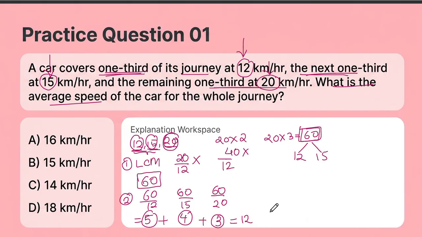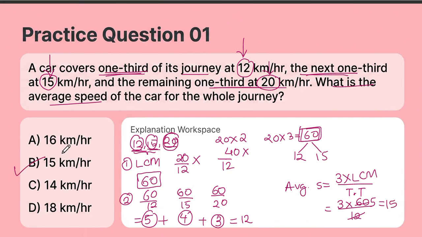Now we apply our formula: average speed is 3 multiplied by LCM divided by total time. So 3 multiplied by 60, and the total time is 12. If we cancel, 12 fives are 60, so what remains is 3 into 5, which is 15. The correct answer for this question is 15 km per hour.